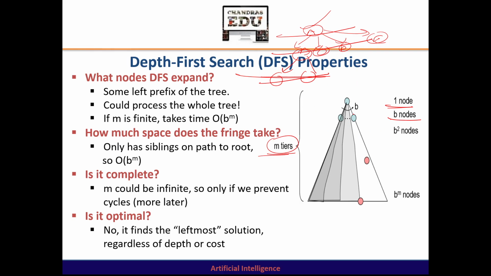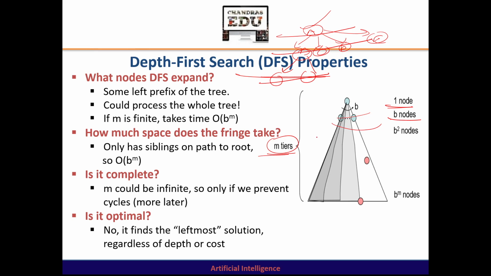Like that, there are B squared nodes at the next level. Why? Because at each level, the branching factor multiplies. Sometimes a branch may not be there, but in general, if we take an element, the number of nodes will be squared at the next level. So that is B squared, and it may be B cubed in the next level, like that.